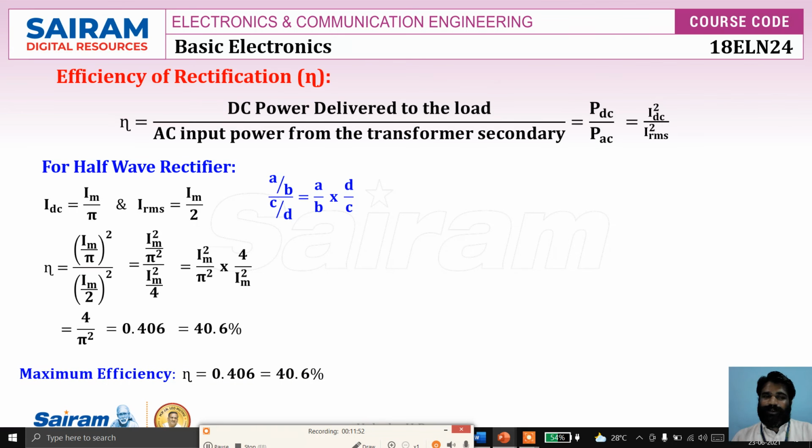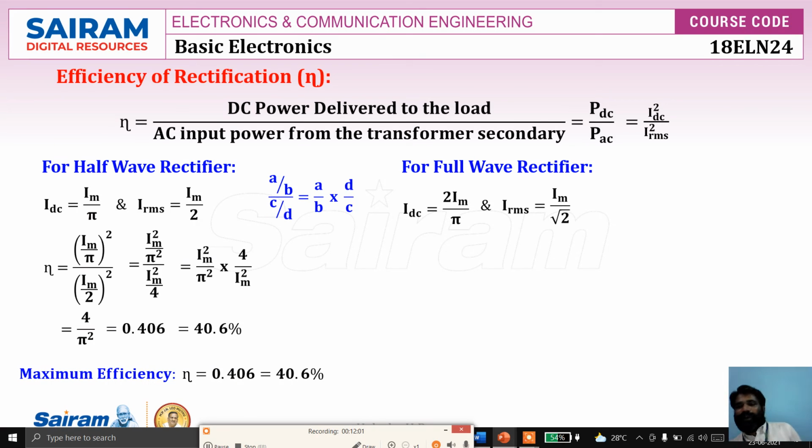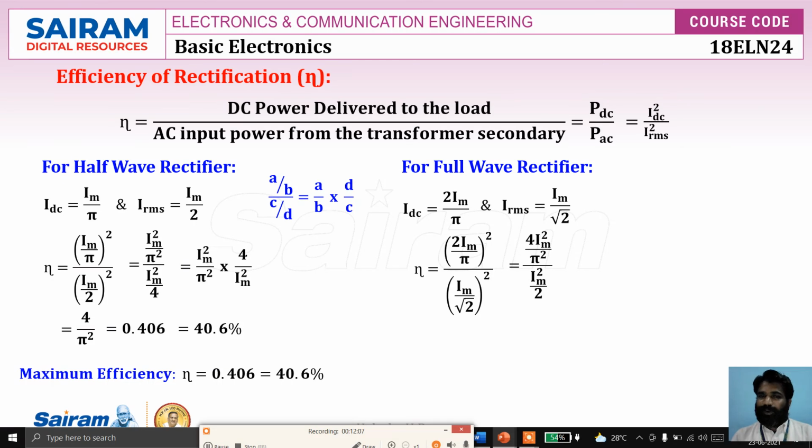Similarly, consider the full-wave rectifier. For the full-wave rectifier, IDC is equal to 2 Im by pi and IRMS is equal to Im by root 2. Substitute this into the efficiency equation. The numerator becomes 4 Im square by pi square and the denominator is Im square by 2.